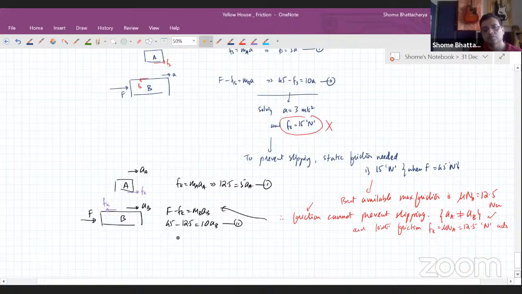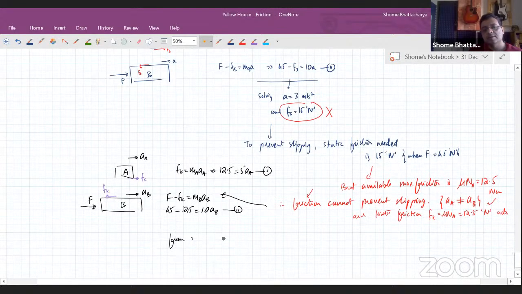From equation 1, acceleration of A will be 2.5 meters per second square, and from equation 2, acceleration of B will be 45 minus 12.5, that is 32.5, divided by 10, so 3.25 meters per second square.